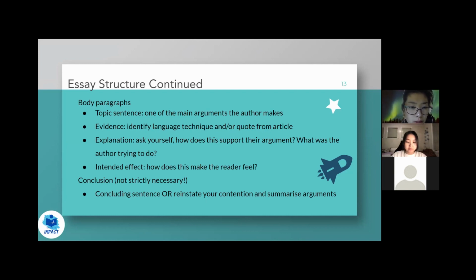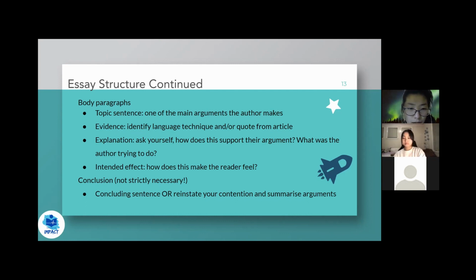Essay structure, let's keep going with body paragraphs and topic sentence. Essentially we're summarizing the main argument in that first part of the article, and just going chronologically. So the first body paragraph is the first maybe a third or one half of the article, and the second body paragraph is the next one third or one half, etc. Evidence, we should use PRTs and try to keep it varied.